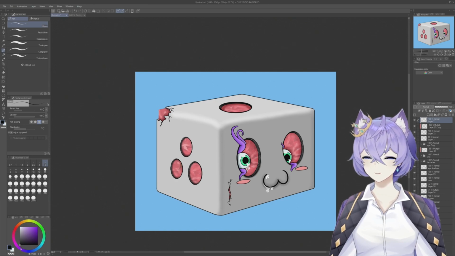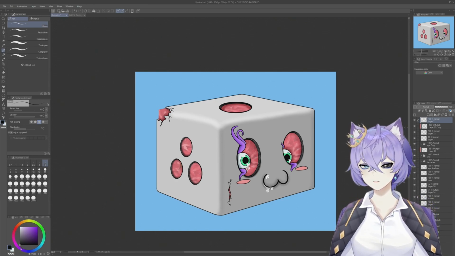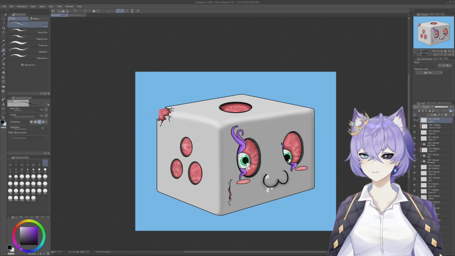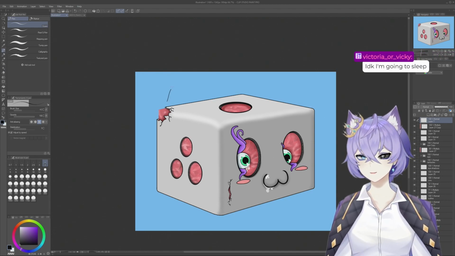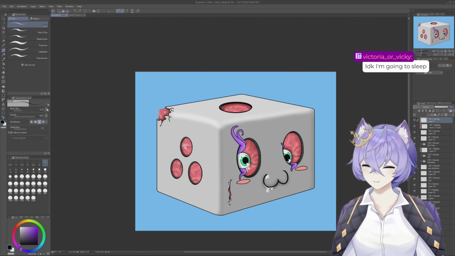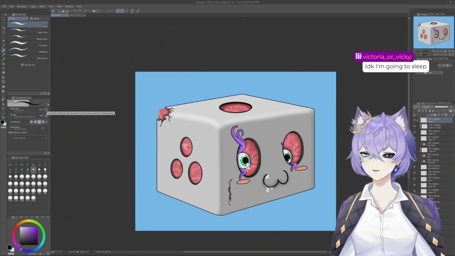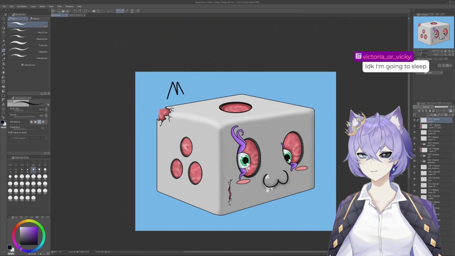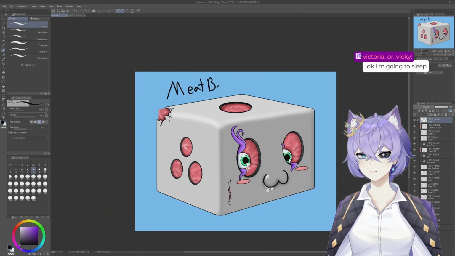Anything to name this monstrosity? Meat box it is. Meat box.